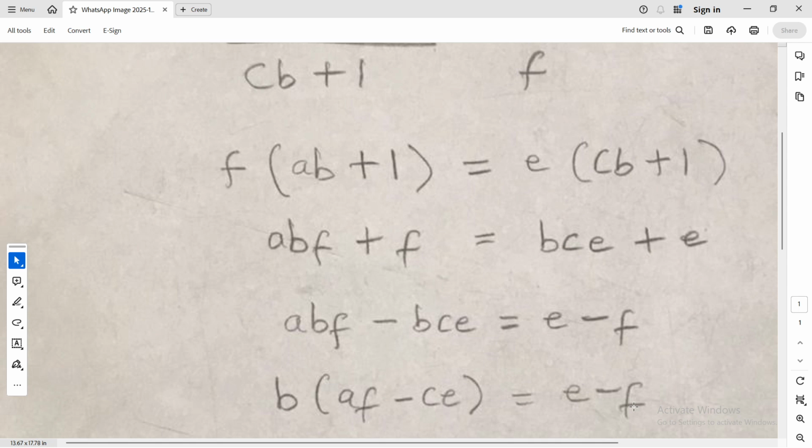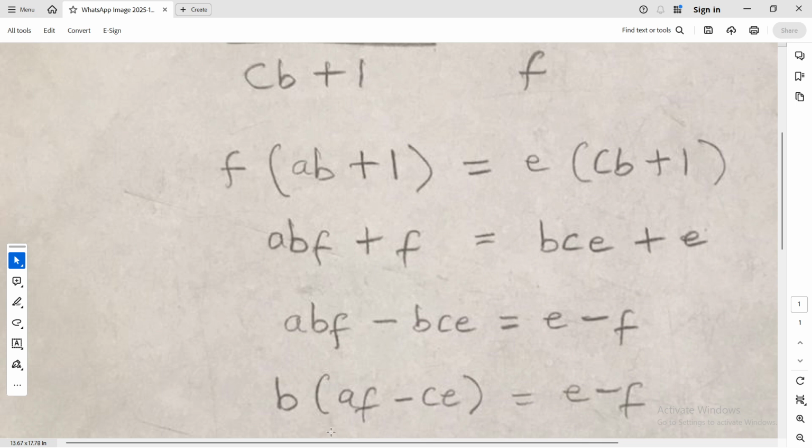So how do we make B independent? We have to eliminate the dependent variable, which is, in brackets, AF minus CE, right?